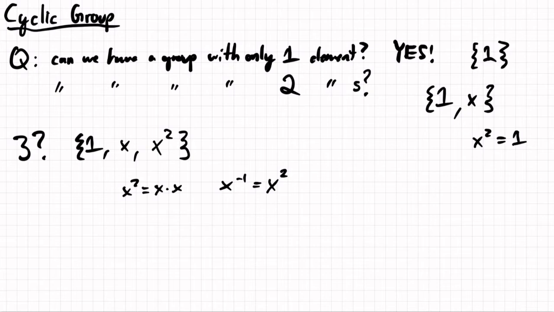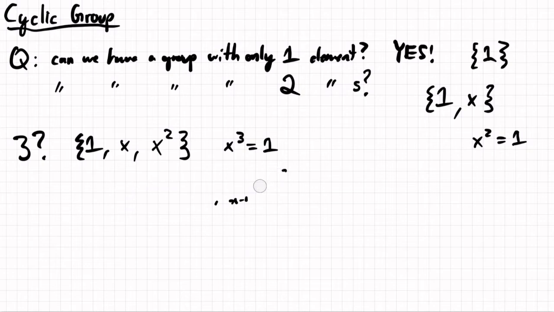And vice versa, X squared has to have an inverse, and this inverse here can just be X. And so what we'll have is X times X squared, which we can call X cubed, is equal to 1. So our defining equation, quote unquote, is the equation X cubed equals 1.